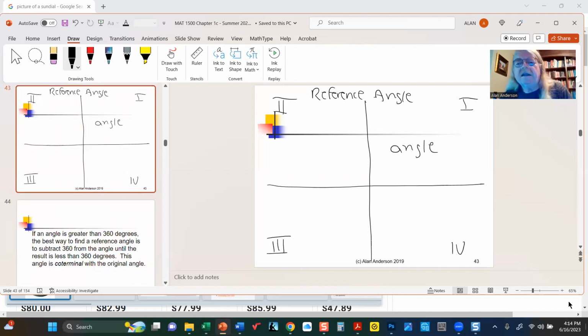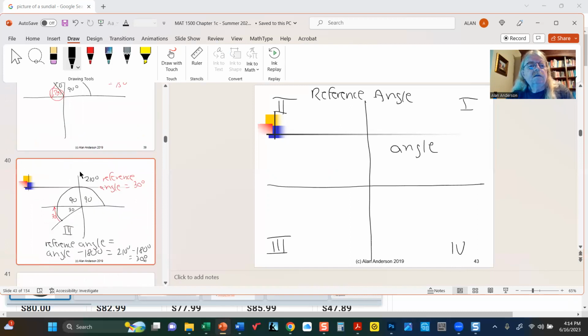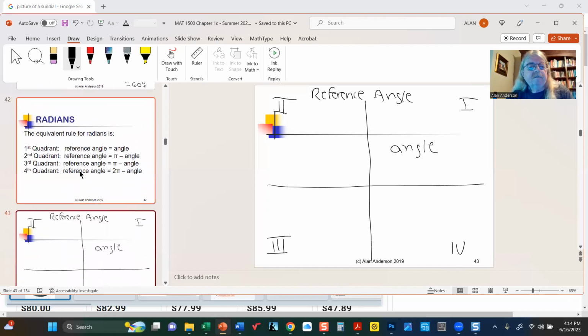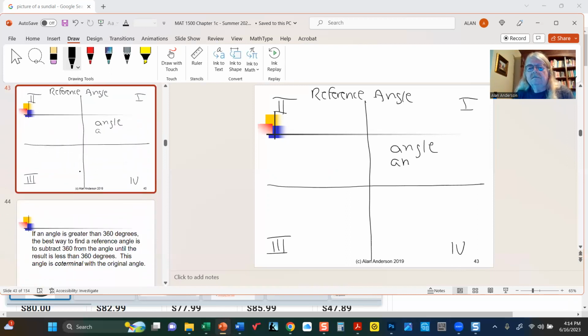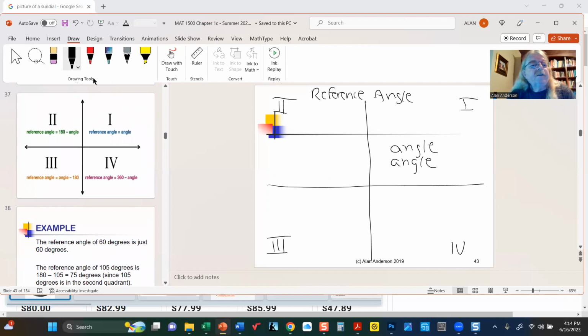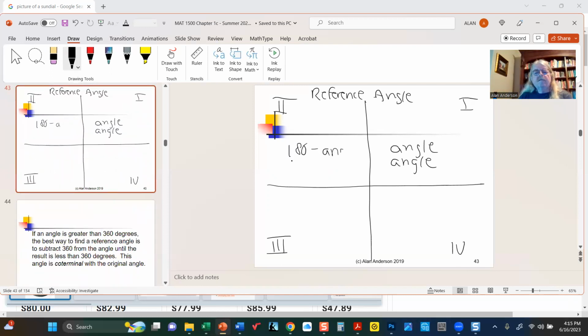So for this one, it's the angle. Now that's going to be the same in both cases. For the second quadrant, it's 180 minus angle. And then that means here it would simply be pi minus angle.